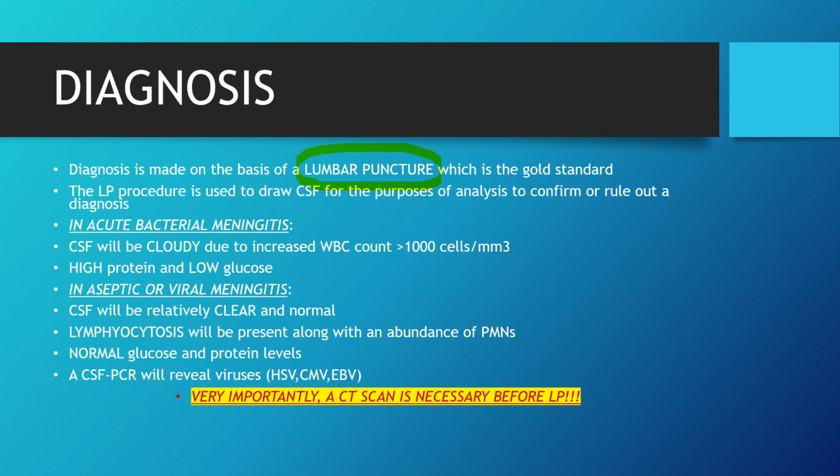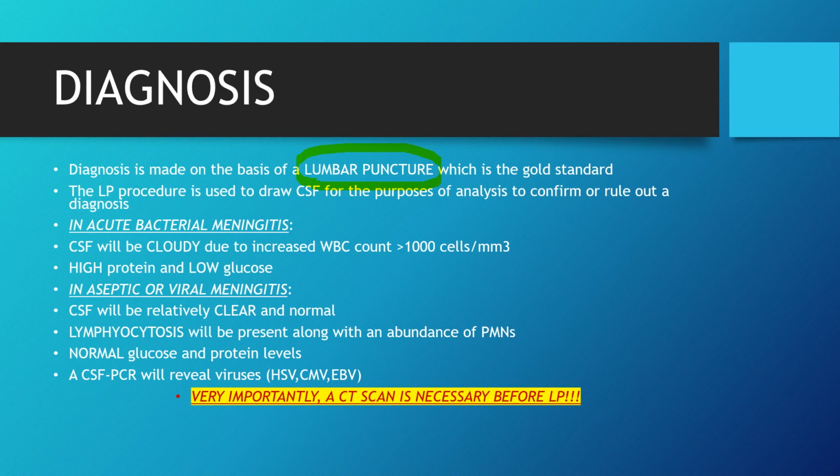The protein count will be high and glucose levels will be low. Why? Because the bacteria use up all of the glucose present within the CSF in order to attain their sustenance and to keep on replicating and causing infection.